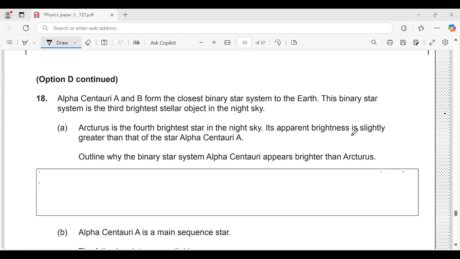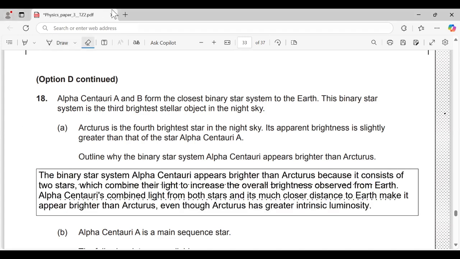Its apparent brightness is likely greater than that of the star Alpha Centauri A. Outline why the binary star system Alpha Centauri appears brighter than Arcturus. I have provided my opinion about this question. You may add something or copy this opinion. Right, next.